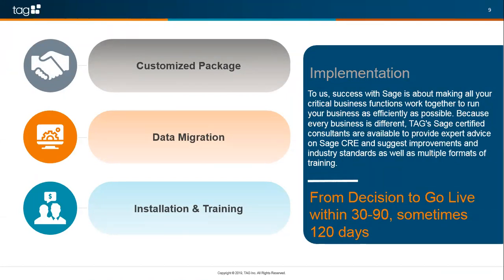We'll give you all of your options, and we'll set you up with the package that you need to start off with. We'll look to the future as well and talk about some of the things that you may want to add on later as well, so that you have those in your mind as you're moving forward, because we want you to keep pressing forward and being as streamlined as possible, even if that can't happen from day one. So we work with you throughout the life of your Sage account.